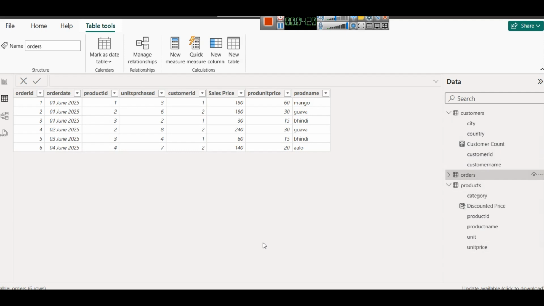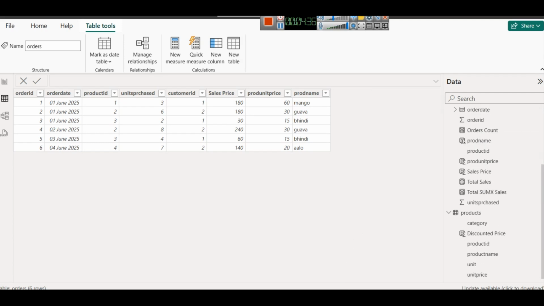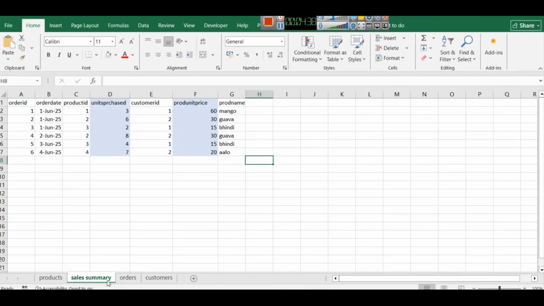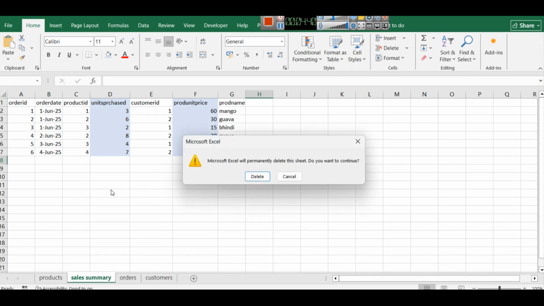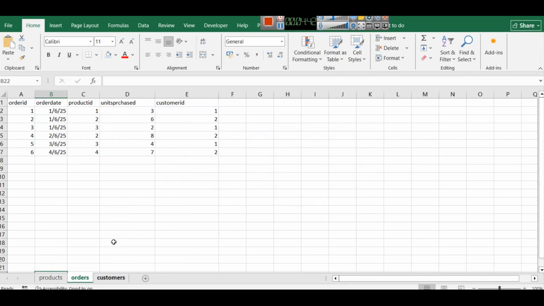Okay, in this orders table, this product name was not originally given. Do you get this? In this orders table, the product name was not given. So let me delete this. In orders table, do you see product name anywhere?